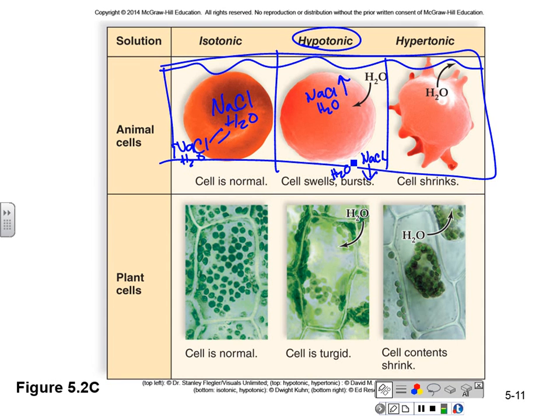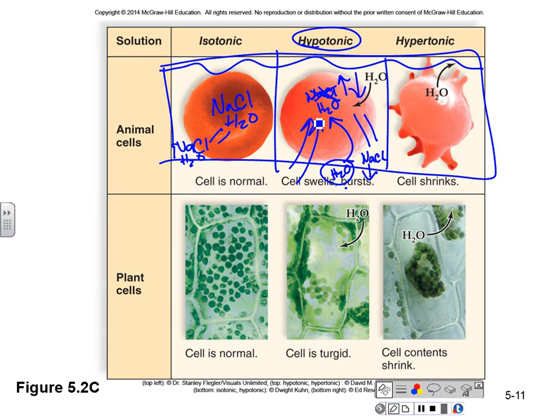So what happens is the water here is going to go inside the red blood cell and try to bring this sodium chloride level down. It wants to make these two, the inside and the outside, equal.